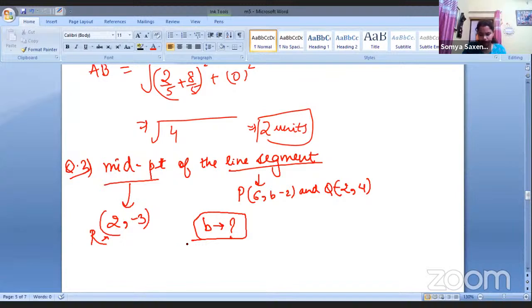So let us quickly do it also. It is already told it is the midpoint.